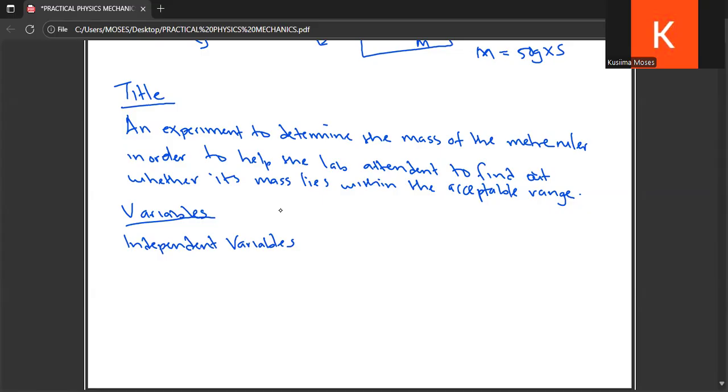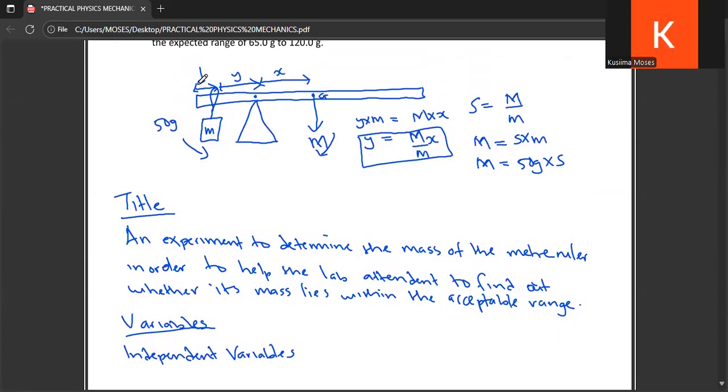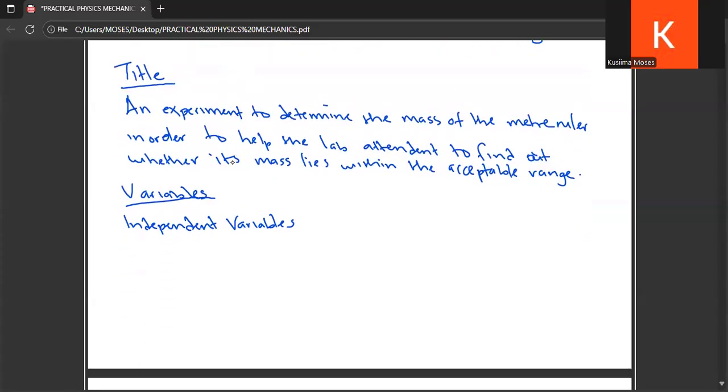For this case, if we go back here, our independent variable is going to be D. We shall be changing this distance of this standard mass of 50 grams. So we shall say our independent variable is going to be distance what?